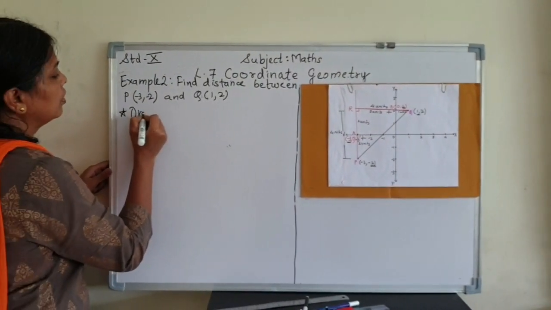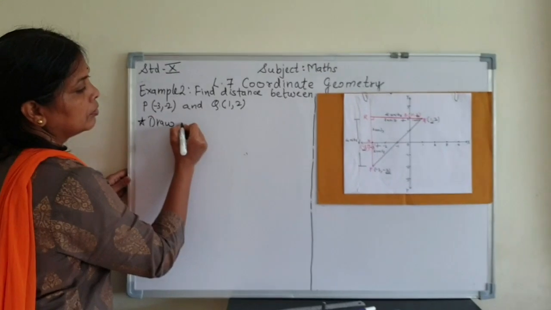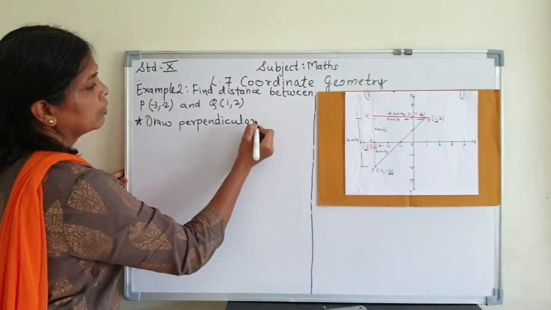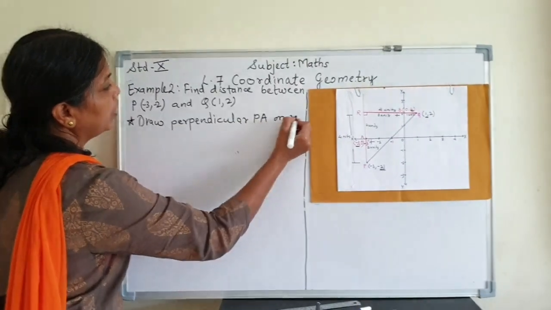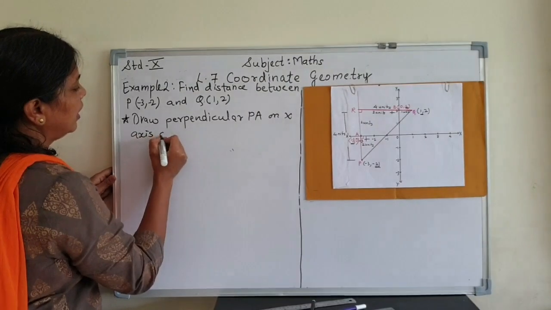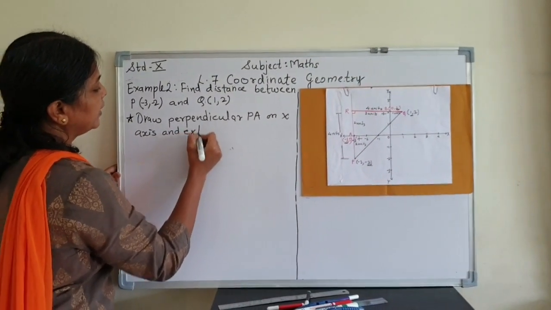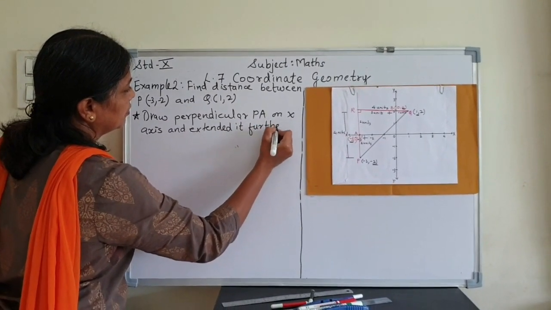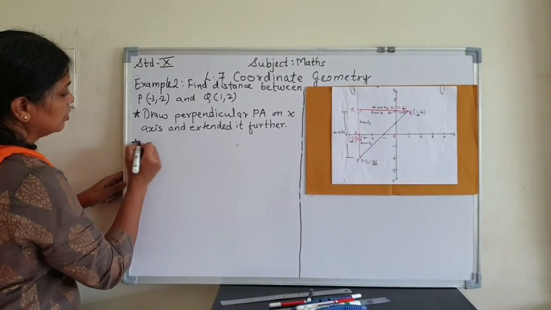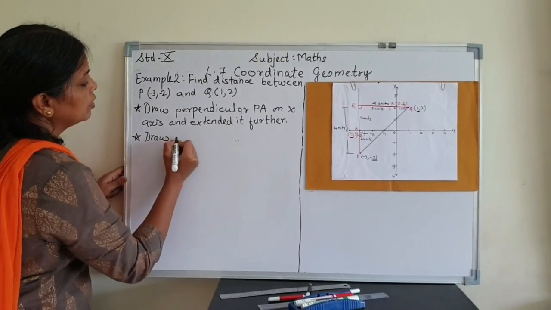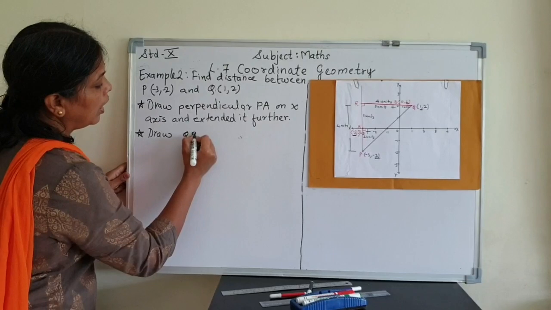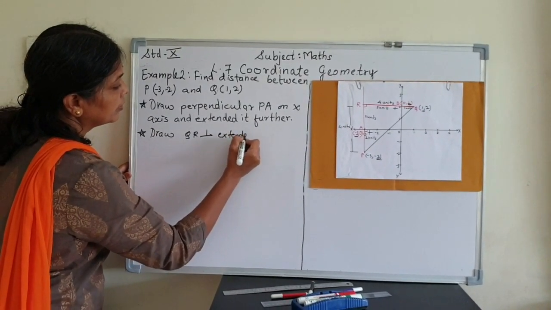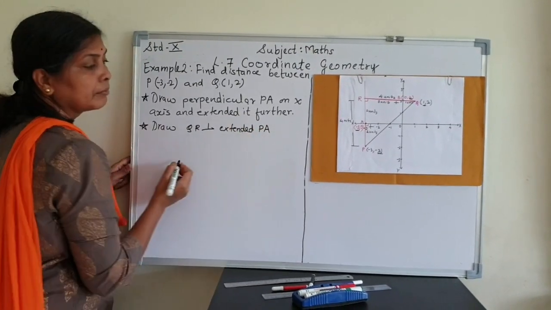First, draw perpendicular PA on x-axis and extend it further. Now next, draw QR perpendicular on extended PA.